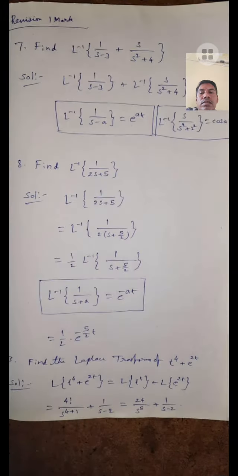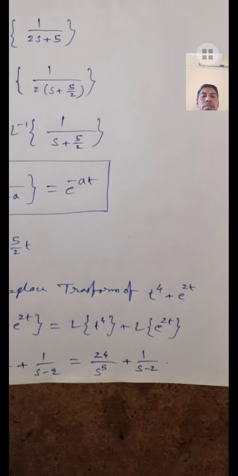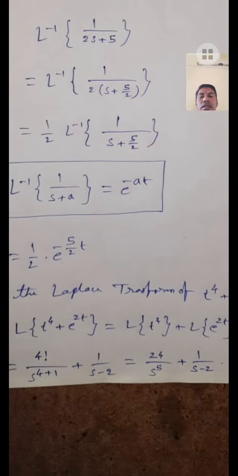Next question, find the Laplace transform of t power 4 plus e power 2t. So t power 4 means t power n, n means 4, so 4 factorial by s power 4 plus 1, and e power 2t means e power at, so 1 by s minus a.